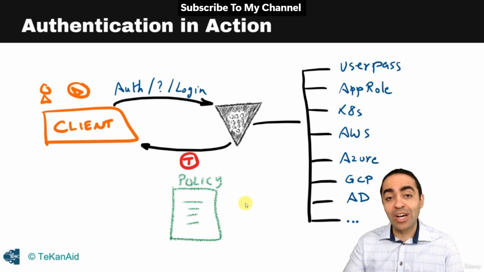The user or the client will need to re-authenticate to Vault to get a new token. The policy is the authorization mechanism into Vault. So once you've authenticated, the policy lets Vault know what you're allowed to do inside of Vault, what secrets you're allowed to retrieve, and so on.